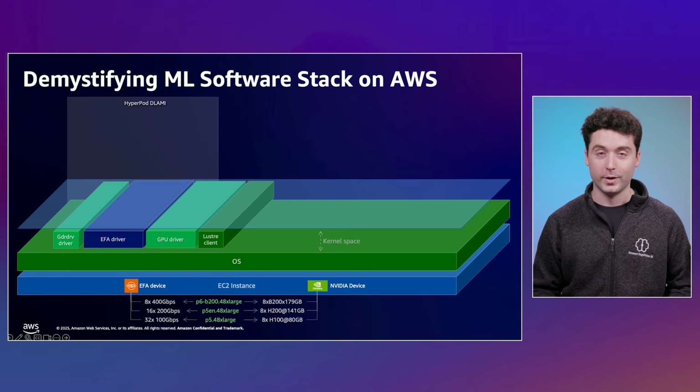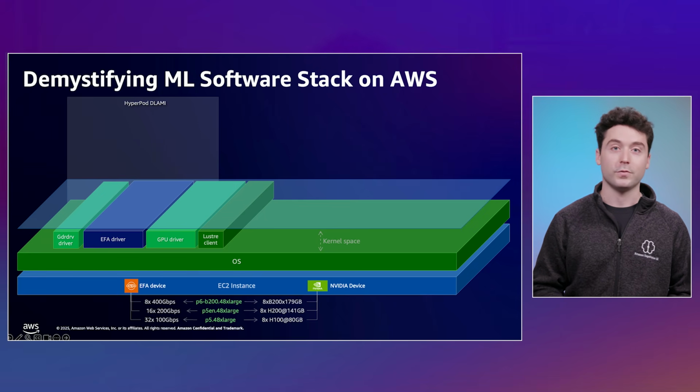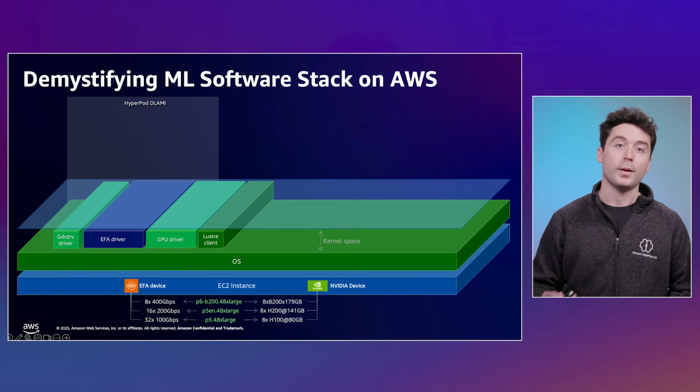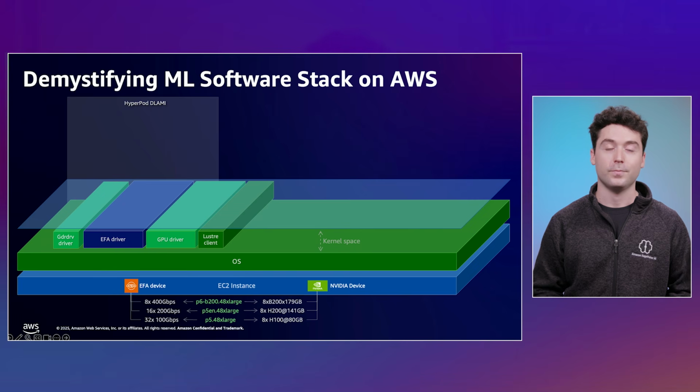Then we have our kernel space, which contains several critical components: GPU drivers for accelerator management, EFA Elastic Fabric Adapter for high-performance networking, GDRCopy for direct GPU memory access, and Lustre client for high-performance file system access.